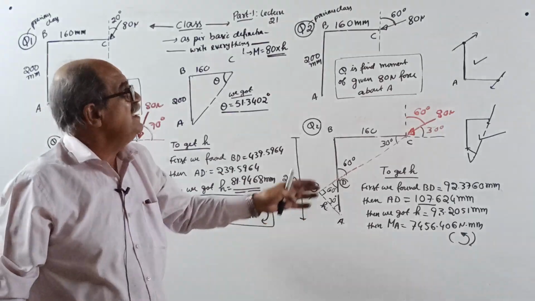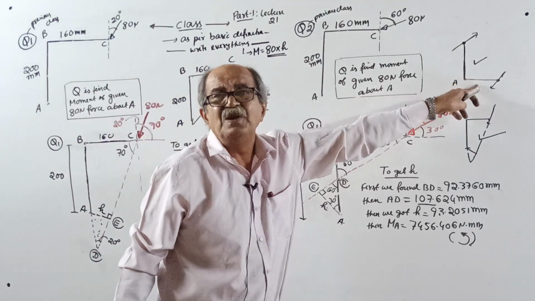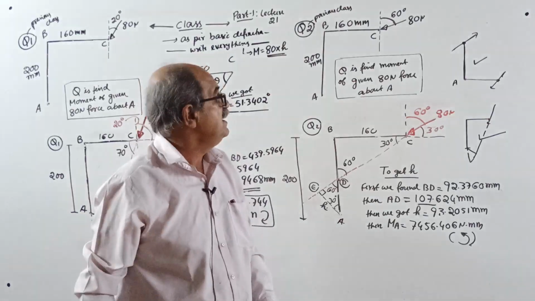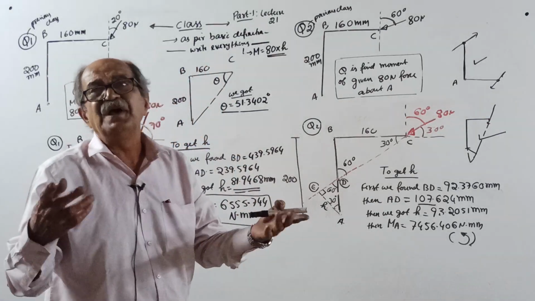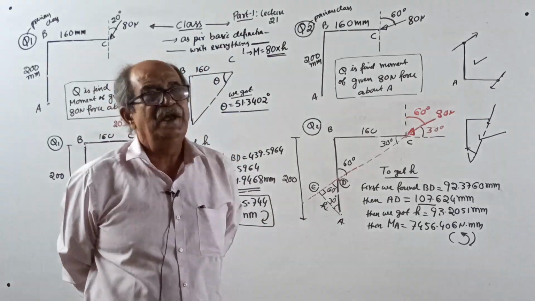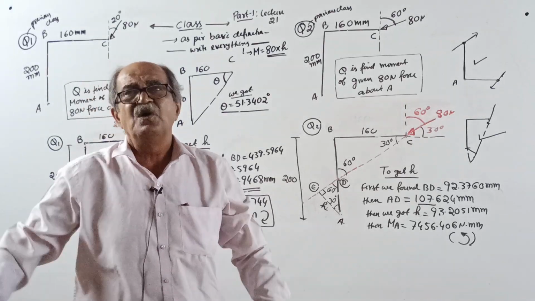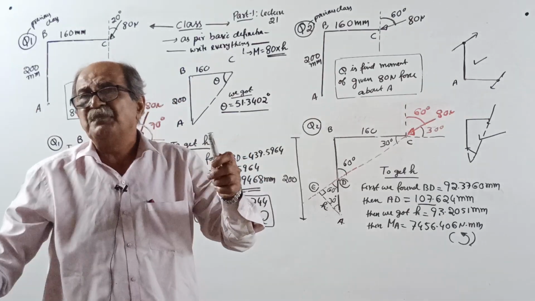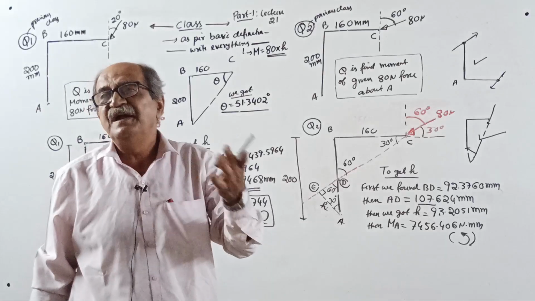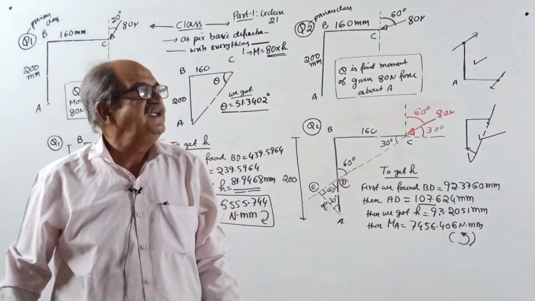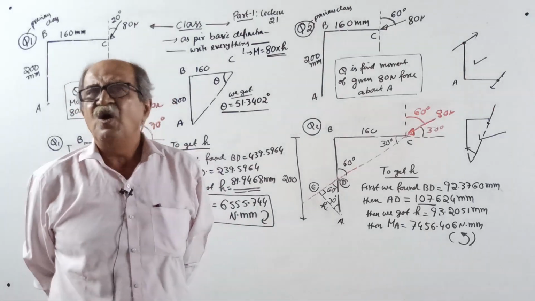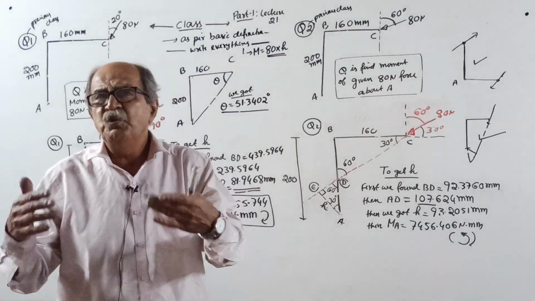Easily you get the answer like this only. So if I explain that in future, if anybody wants to find moment by the basic concept of force into perpendicular distance H, if the force is inclined, whether it is connected to the point A with a vertical line or horizontal line or randomly somewhere, he can fluently do it.